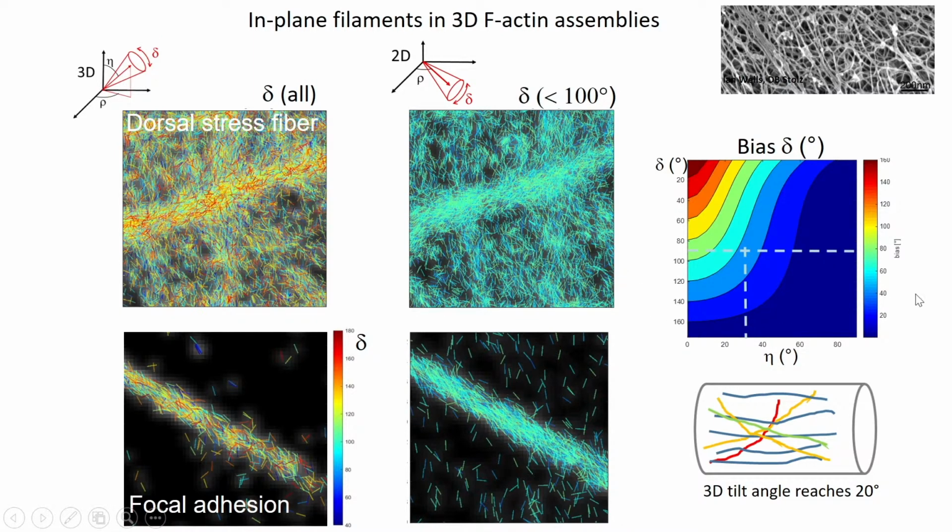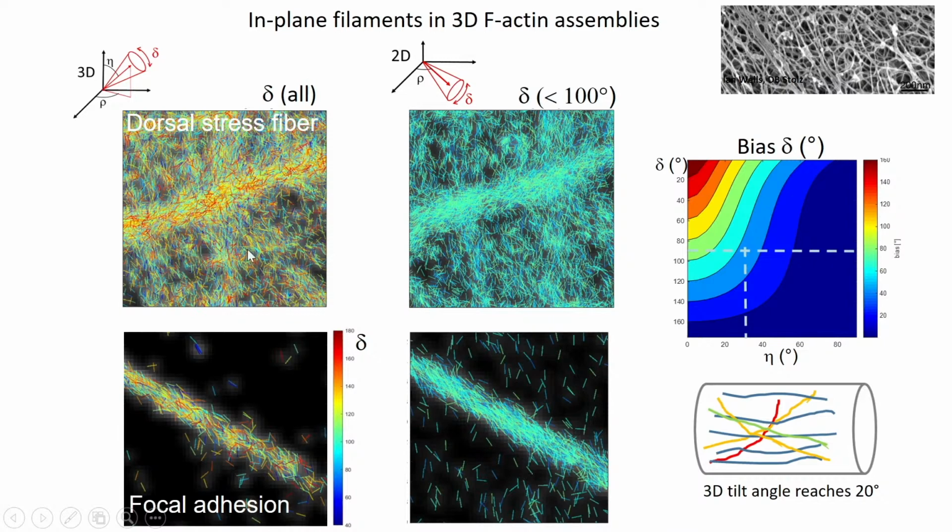And if you look at this bias graph here, we can see that even for a wobbling value of about 90 degrees, if I tilt a filament off plane by 30 degrees here, I'm going to have a bias on this delta measurement of about 40 degrees. So it means that the delta measured is not 90, but 90 plus 40 degrees, which is a higher value from what it should be if the molecule was in plane.